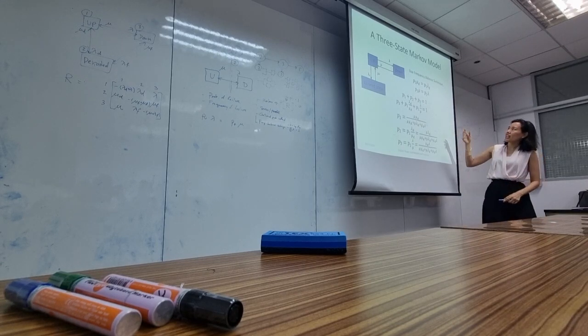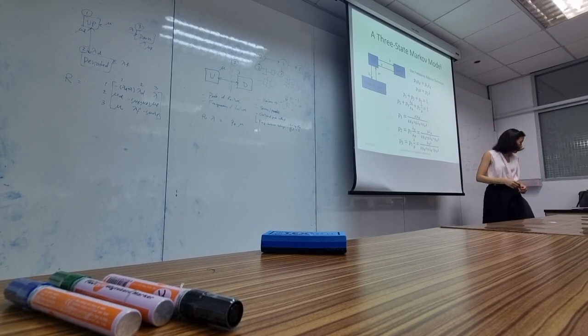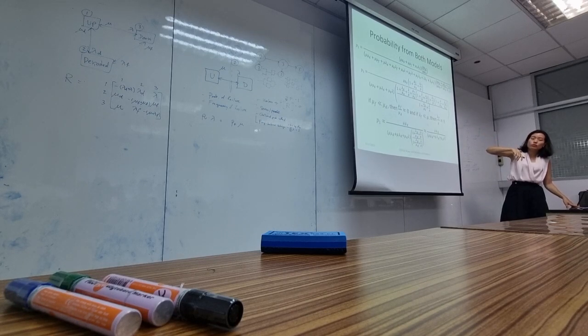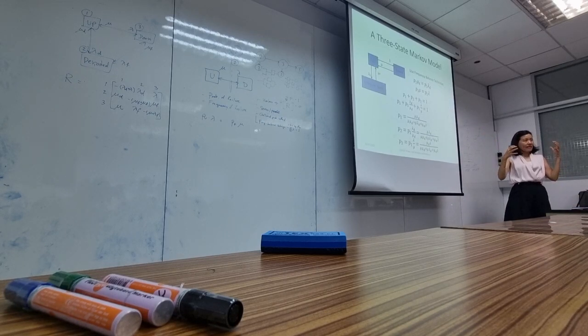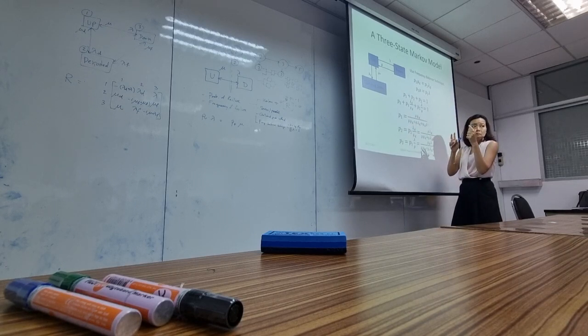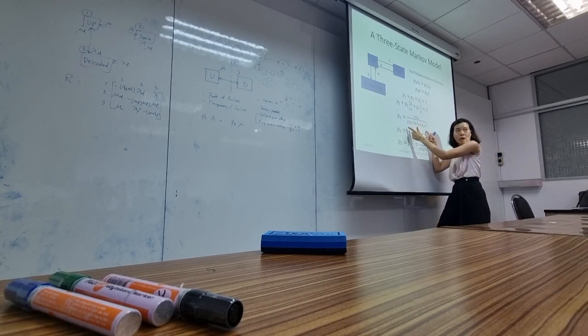Now when we look at the three-state model, this is a simplified version. What we want to know is how we can cram these two together and then compare them. How do I do that? We look at this. This is our goal. I wanted to simplify to have it in this format.